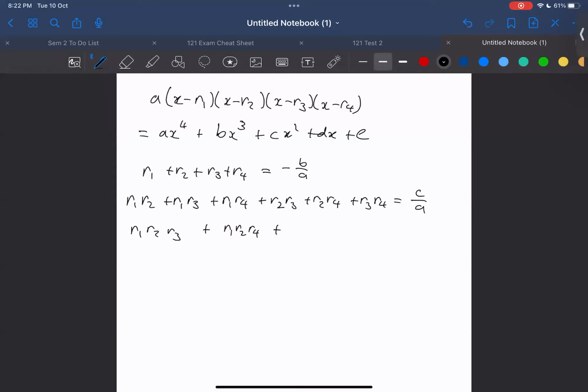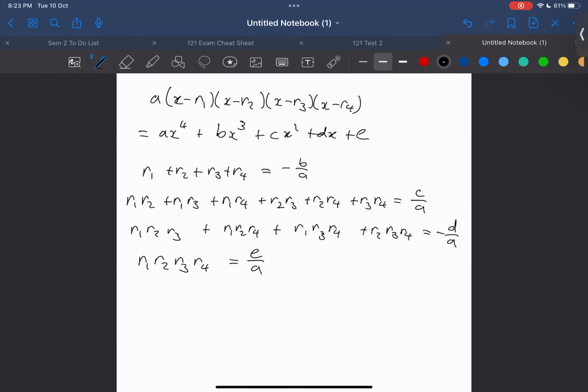Then you take them in groups of three, so there should be four of these in total. Then move to the next one, switch the sign. And then finally, if you multiply them all together, then you should get e over a.